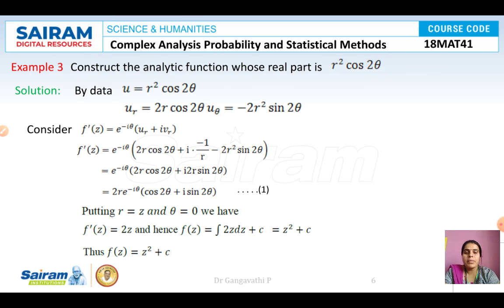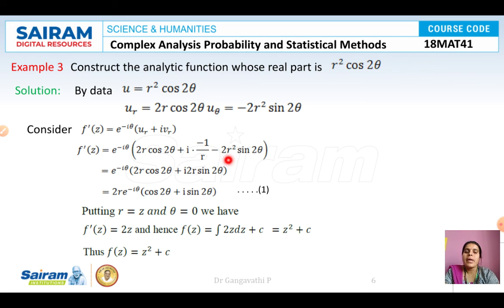So if you have remembered it, v theta is equal to u r and v r is equal to minus 1 by r into u theta. With that, f dash of z is equal to e to the power of i theta, u r we have substituted as it is, plus this i as it is, and v r we are going to replace by minus 1 by r into u theta.